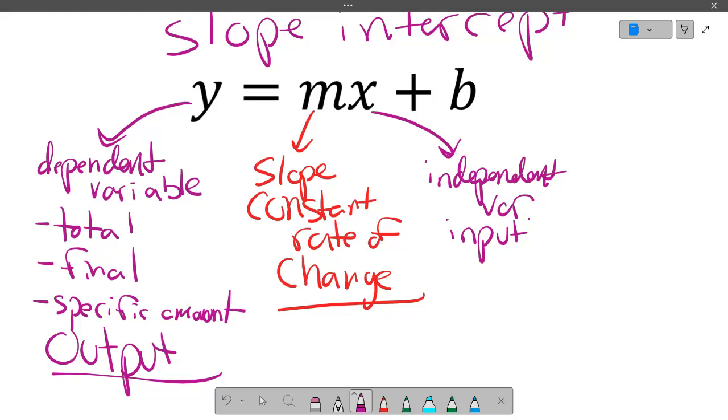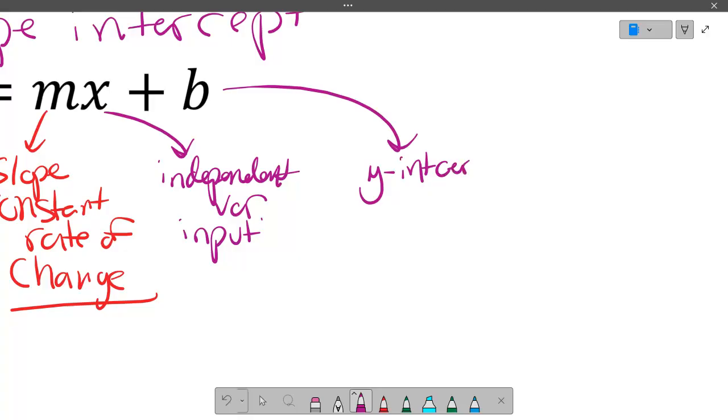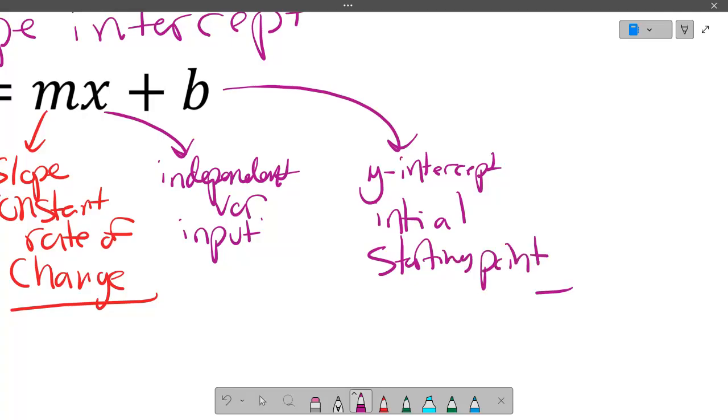The input tells us how many times to do it. And then what does b represent? The y-intercept, the initial or the starting point, okay? So in slope-intercept form, that's typically what those values represent in a context.